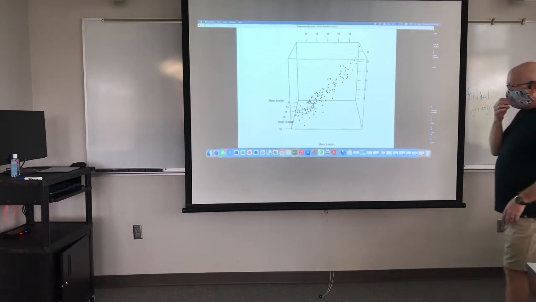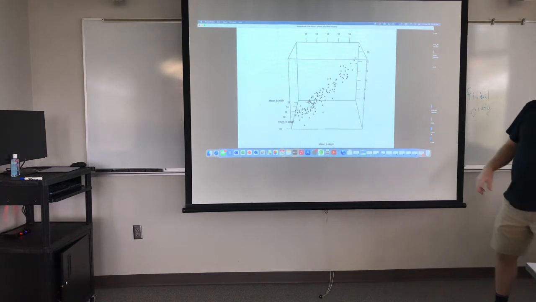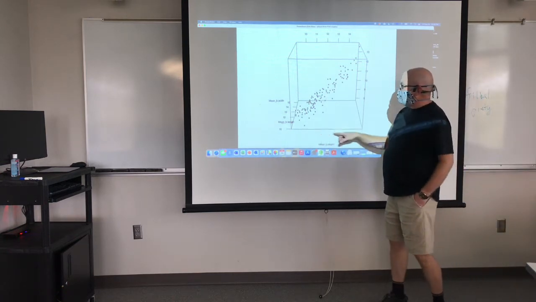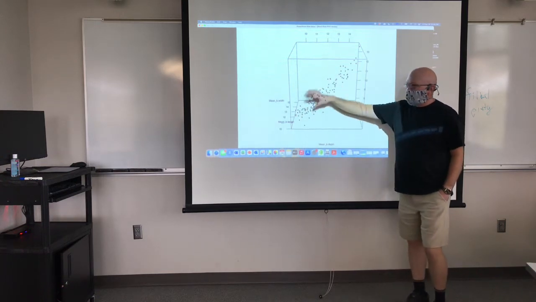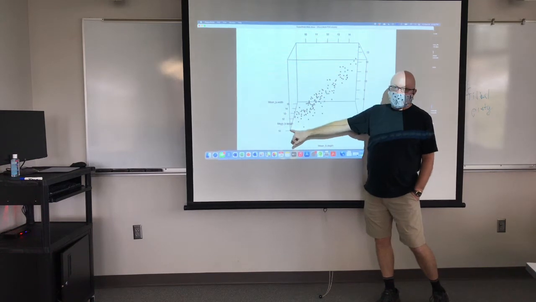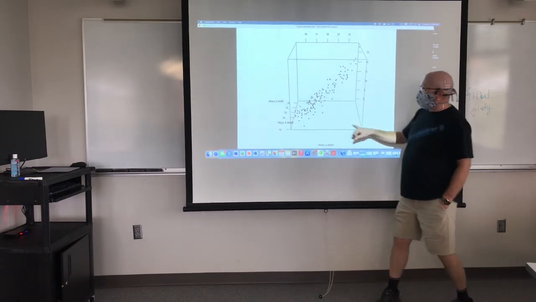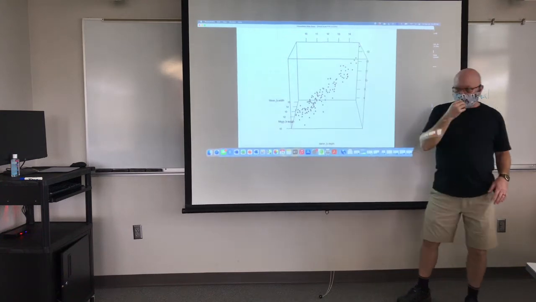So you can think of them, though, as a 3-dimensional data set, such that as depth goes up, width goes up, and length goes up. So this is a cloud of data points that goes from this far left near corner to the far right far corner at the back of this cube.